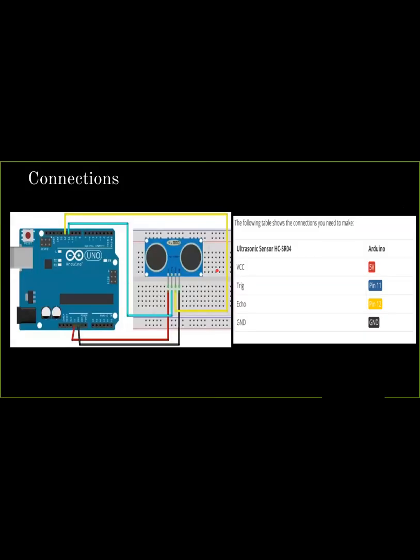And my echo pin, let me assign it a value of 12. 11 and 12 are the pins in which my trigger and echo will be placed. If you can observe over here, I have connected my trig pin to the 11th pin.